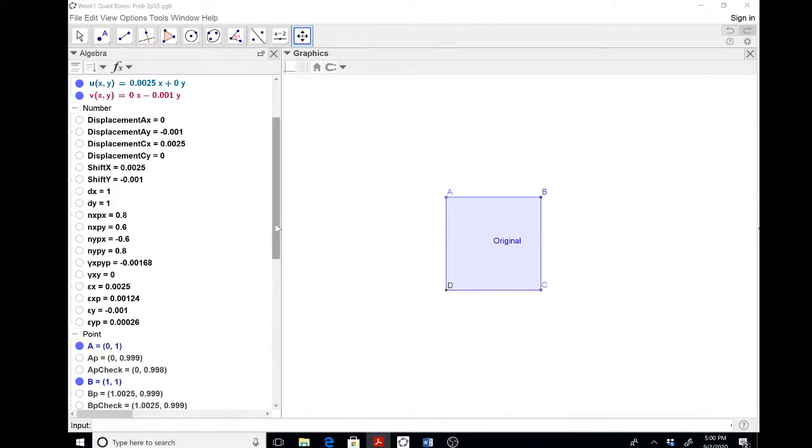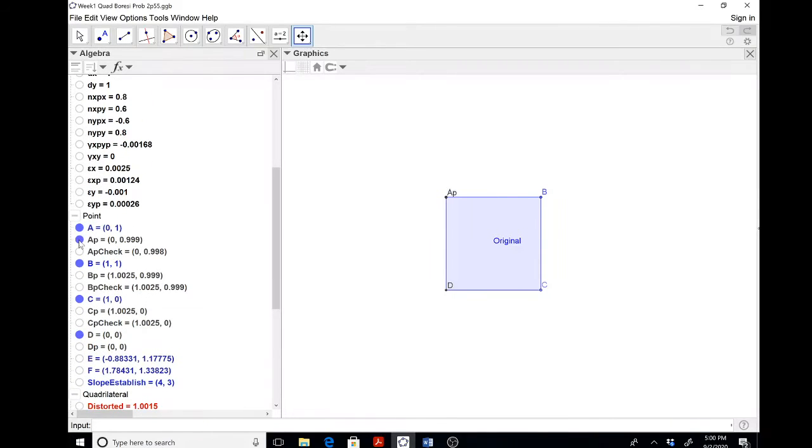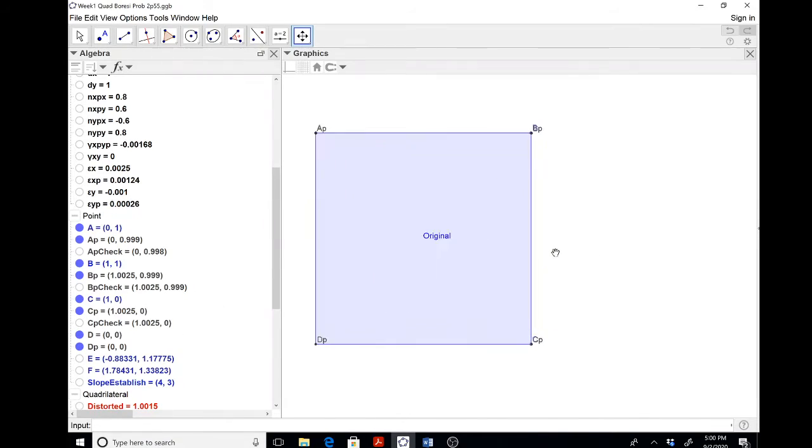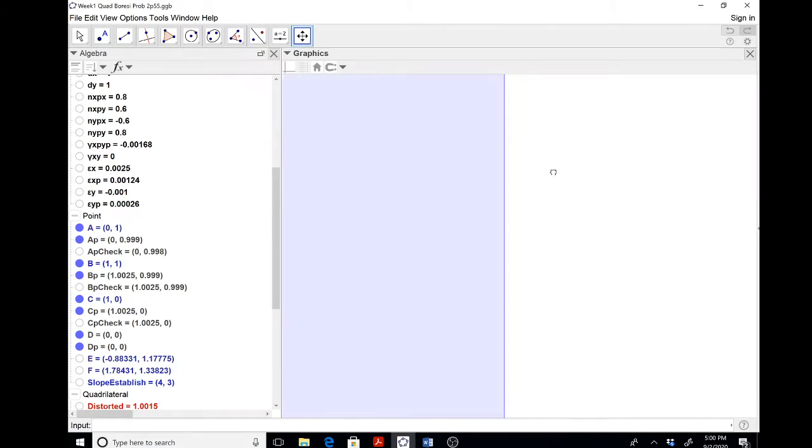The next thing I did was I drew the new rectangle, and you could hardly see it here until you really zoom in, and then, okay, now I see it, there it is. So here, for instance, B, you could see B has shifted 2.5 millimeters to the right and 1 millimeter down.